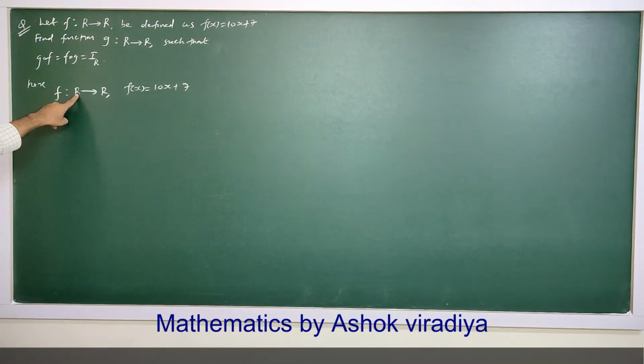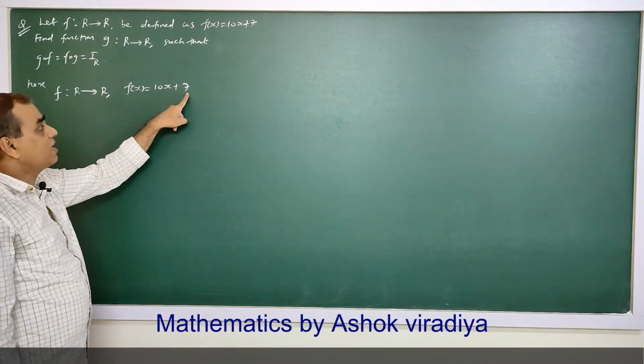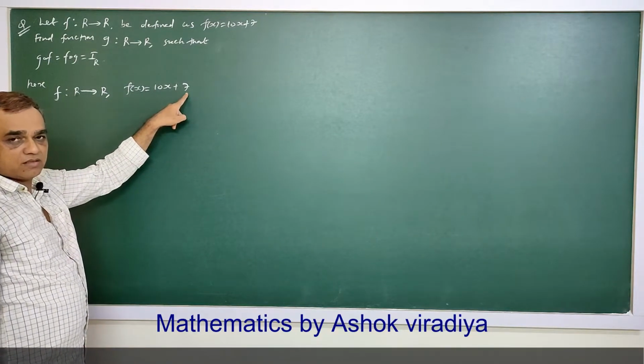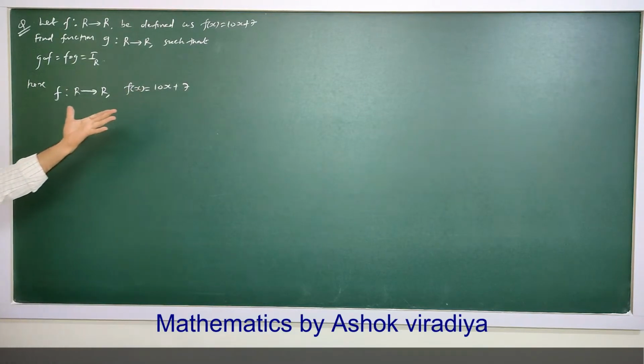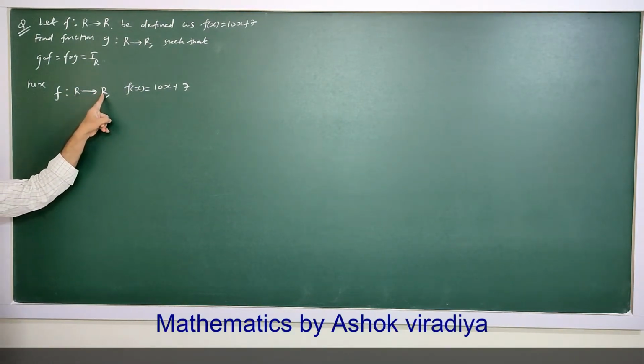For every x belonging to R, f(x) is also in R. So for this function the codomain will be equal to the range.